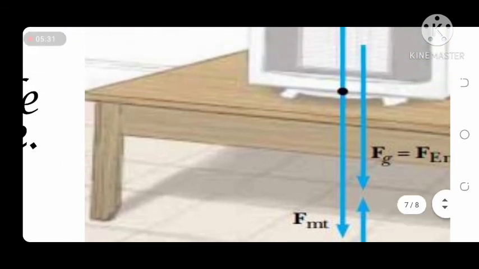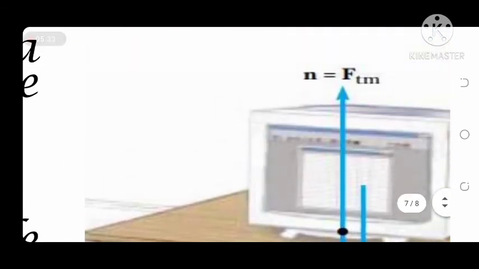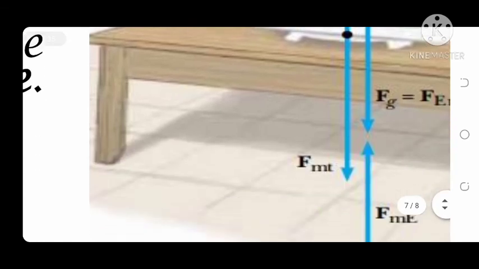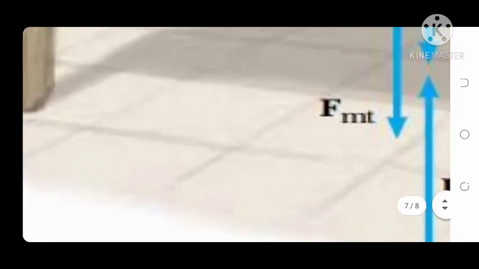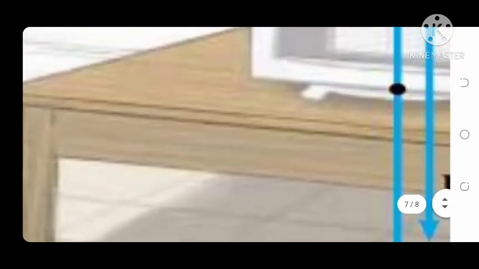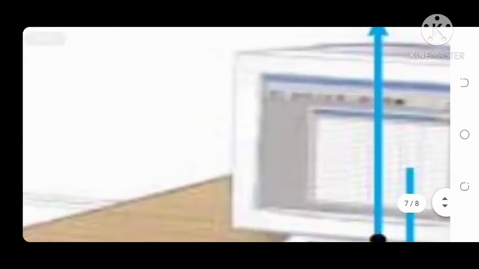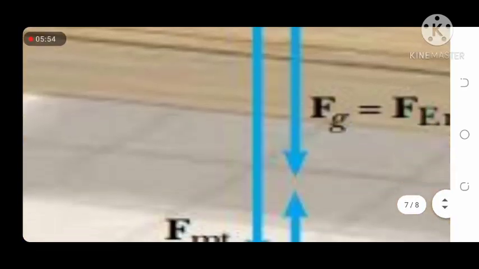Whereas the monitor also exerts force on the tabletop, Fmt. These two reaction forces on the monitor and the table, N is the normal force. We can also say that the table is also exerting a force on it.